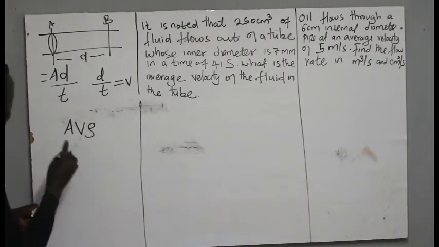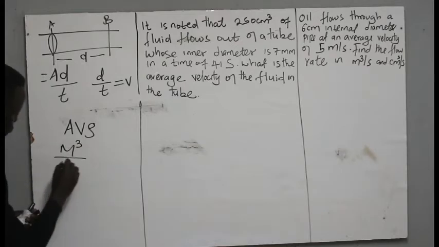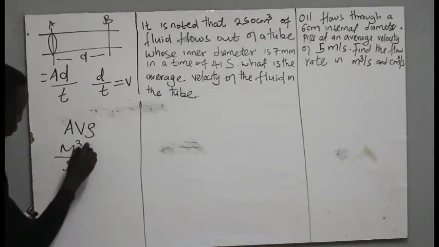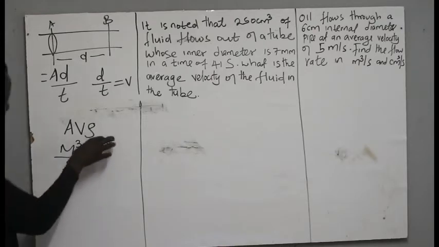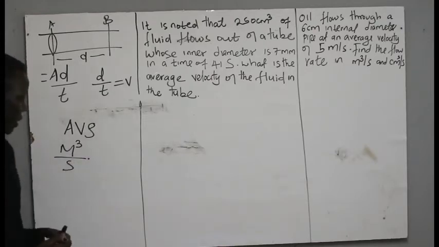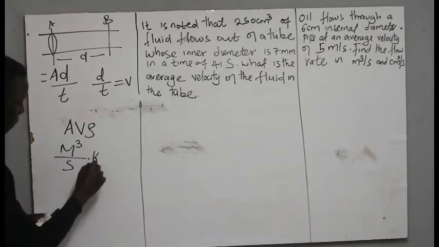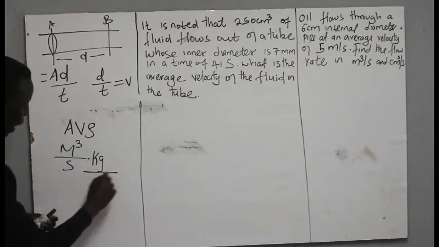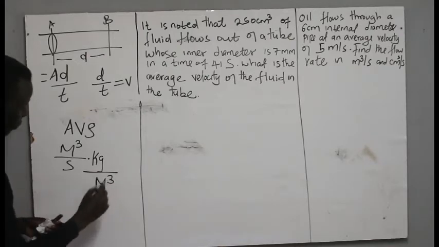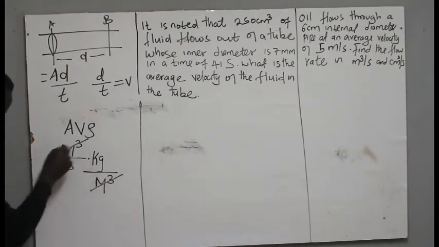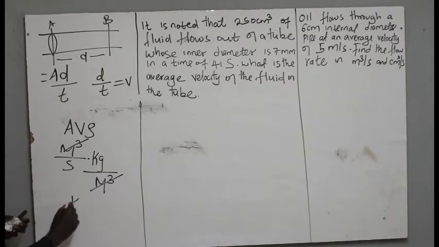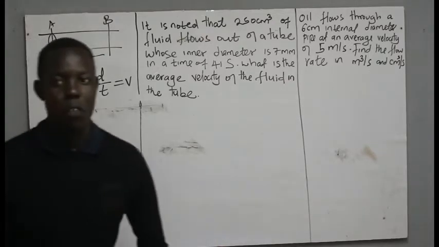And we know very well volume flux is in meters cubic per second. Now we are multiplying it with density, which is given in kilogram per meters cubic. This meters cubic will cancel, so we have kilogram per second. That is the unit for mass flux.